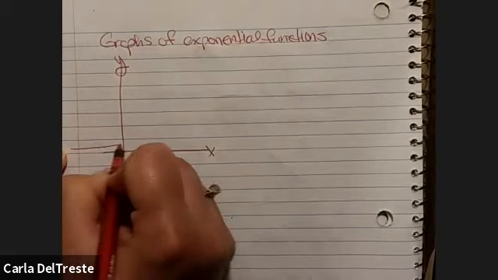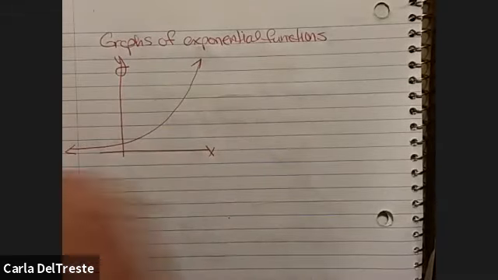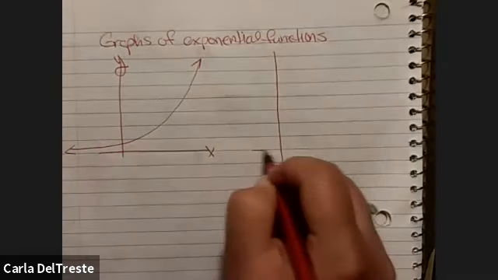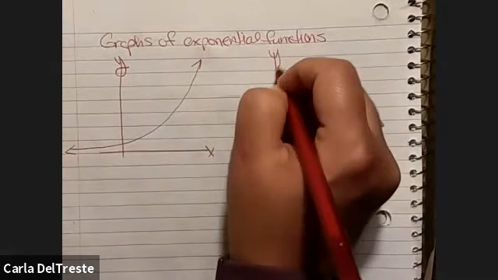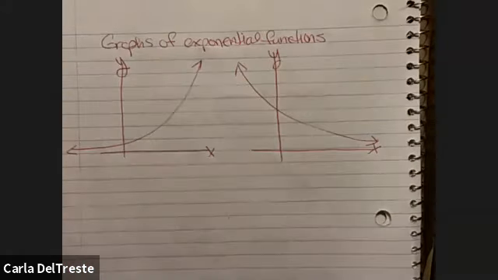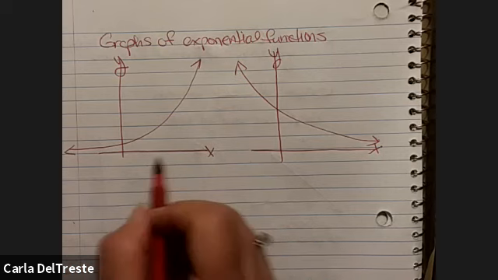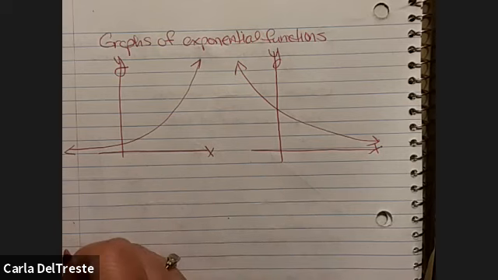It can be increasing, which would look like this, or it could be decreasing, which would look like this. And there's a couple of very important things to note when it comes to these two different types of graphs.